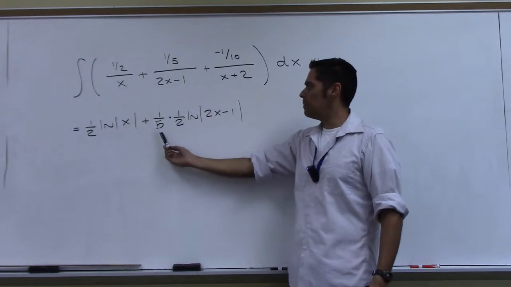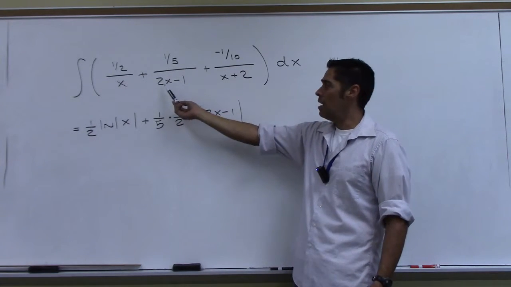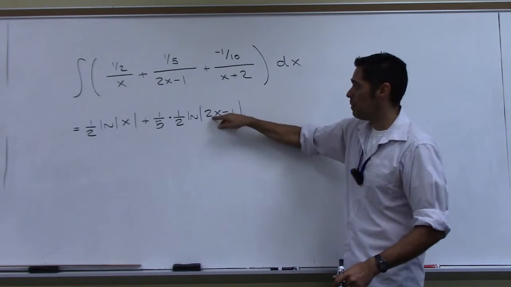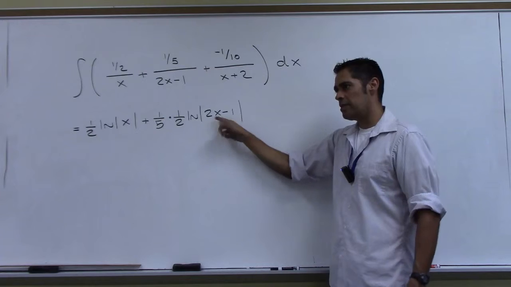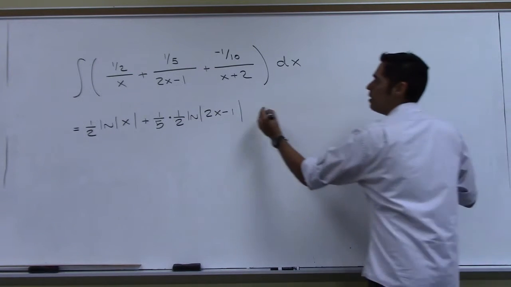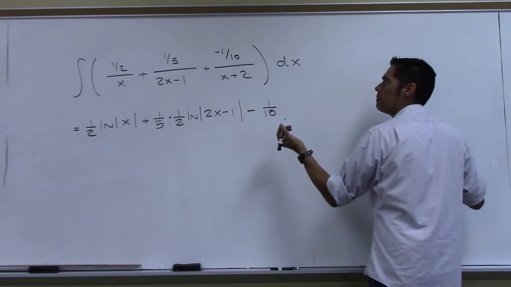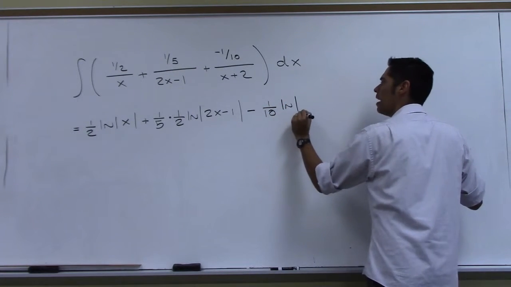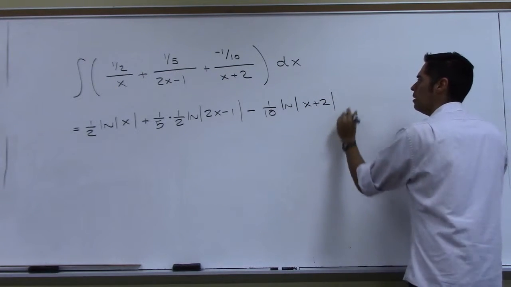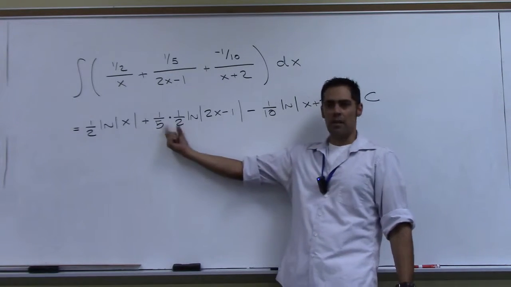The 1/5 just comes out from here, but the 1/2 comes from the fact that you had a 2 in front of the x, and you have to scale by that. Because when you take the derivative of this, chain rule would pop a 2 out, right? When you take the derivative inside, you'd have to get rid of that 2. And then the last one, minus 1/10, natural log, absolute value, x plus 2, whoa, plus c, done. Except you could put those together, that's 1/10.